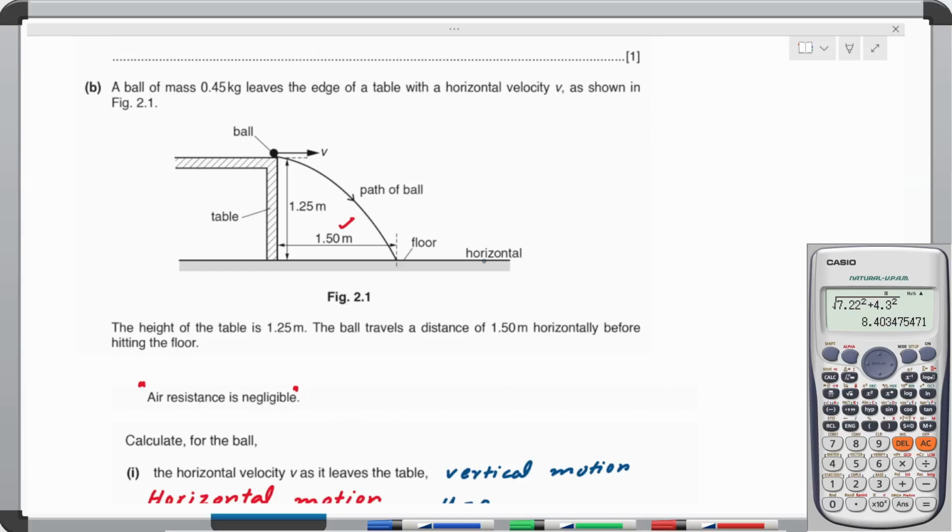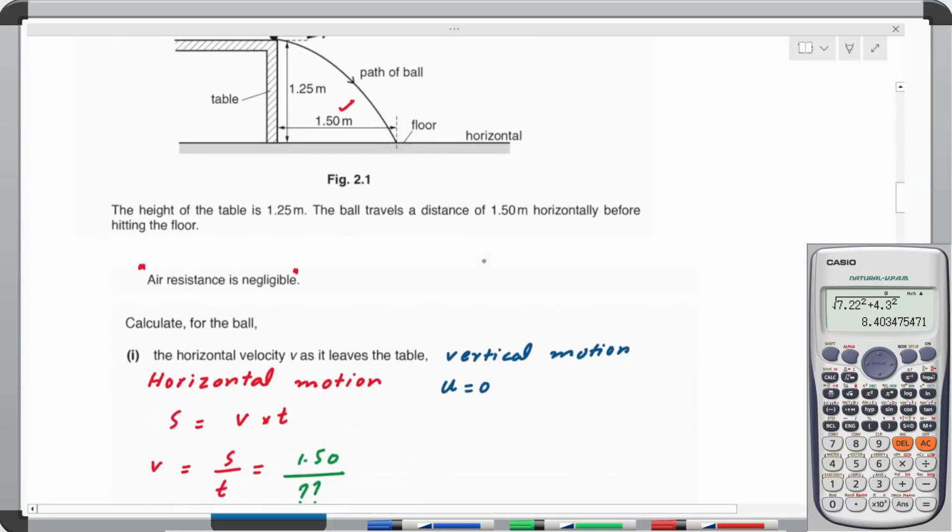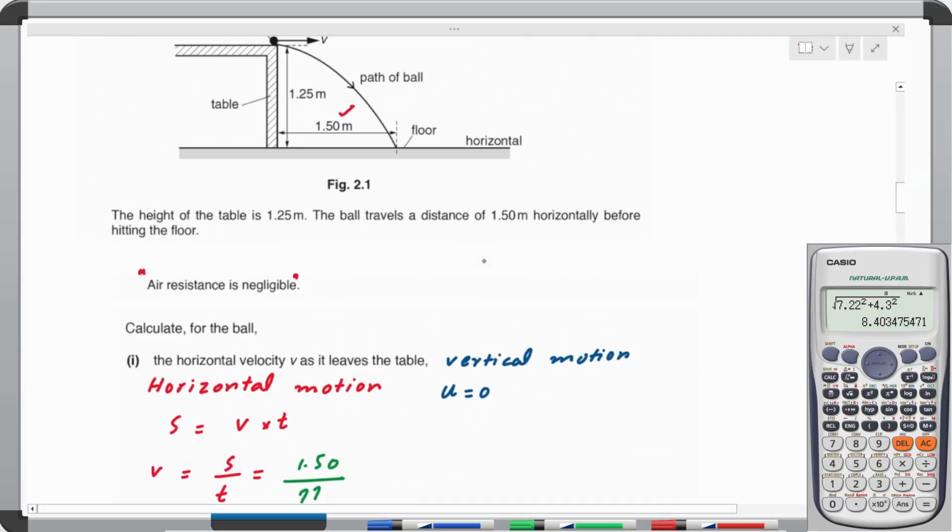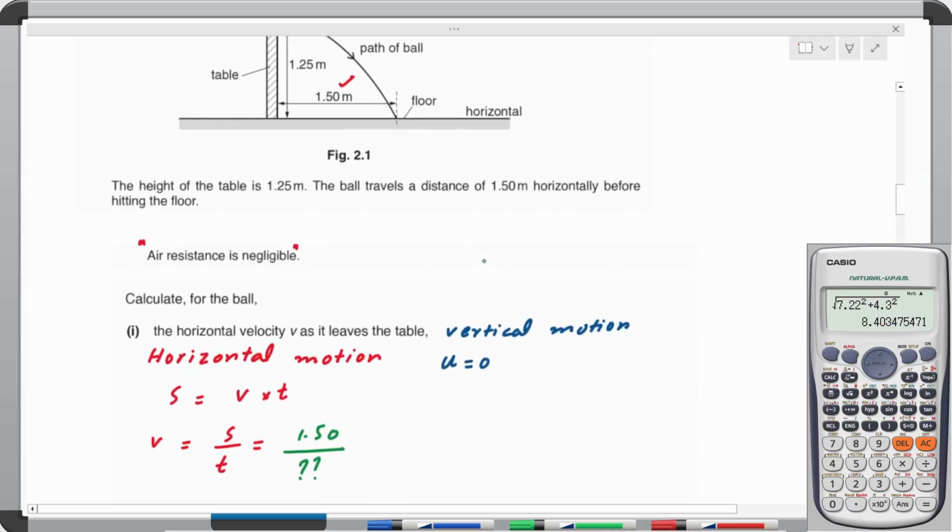So initially the entire velocity is horizontal, so there is no initial vertical velocity. So initial vertical velocity is 0, and the vertical distance is 1.25. The acceleration, as the ball has to go downward, the acceleration would be 9.81.